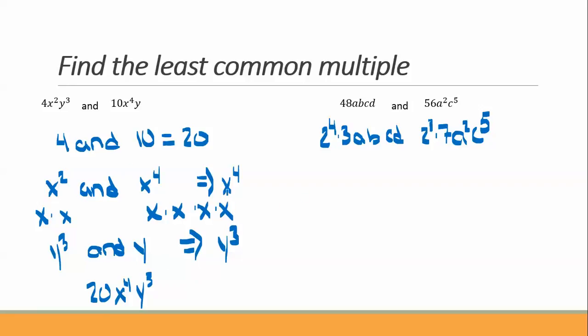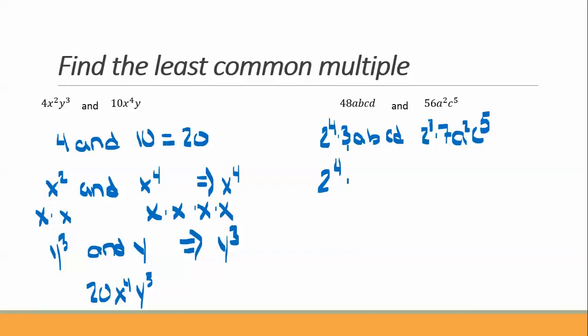Looking at it over here, when we had the same base, we took the larger of the two exponents. So when we have the same base, we're going to take the larger of the two exponents. You can do that same thing with our numbers as well as our variables. So we have 2 to the fourth and 2 cubed. The larger of the two exponents is 2 to the fourth. And that makes sense because 2 cubed times 2 is 2 to the fourth. That's a multiple.